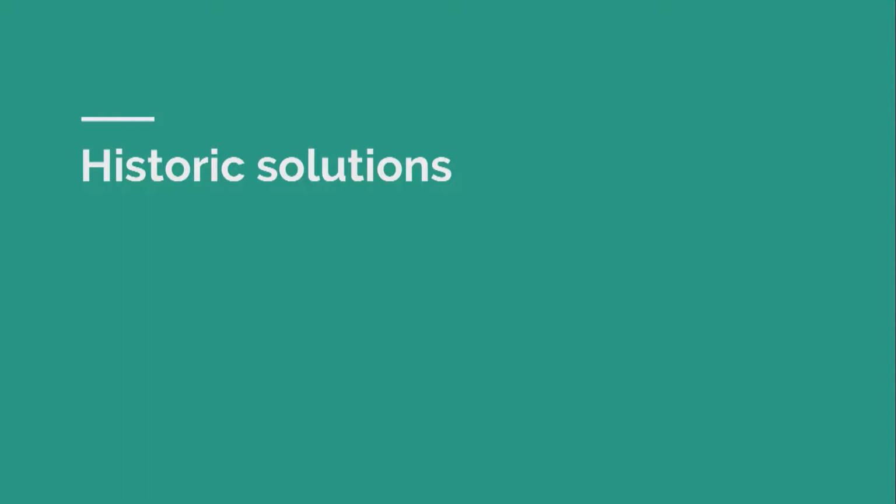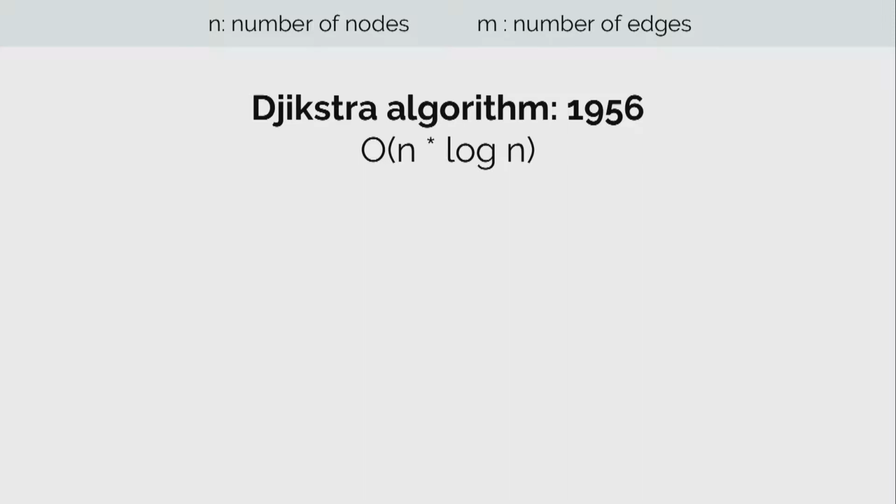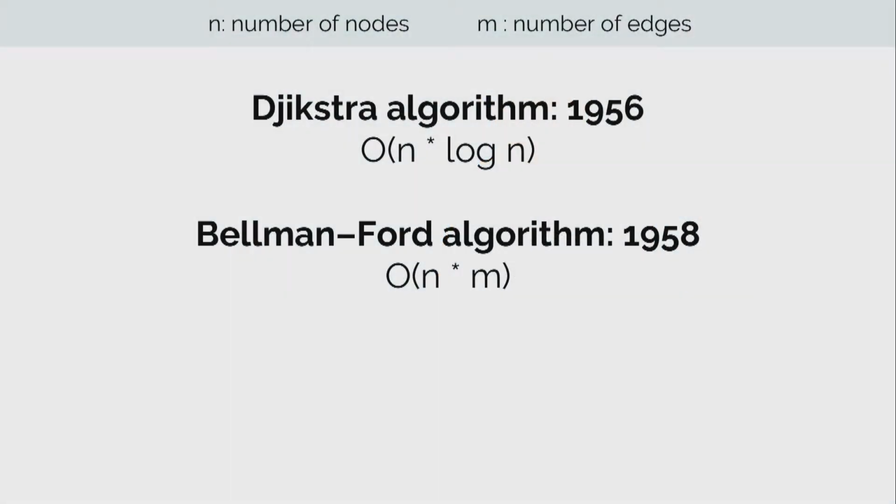So this model is really important and really powerful because it has a lot of implications. It's been a while since we thought about it, as I said, 300 years ago. But mostly we thought about how to implement powerful graph algorithms when we invented IT and computer science. The first really important algorithm for the shortest path problem is called Dijkstra's algorithm. It was invented in '56. The next one is called the Bellman-Ford algorithm.